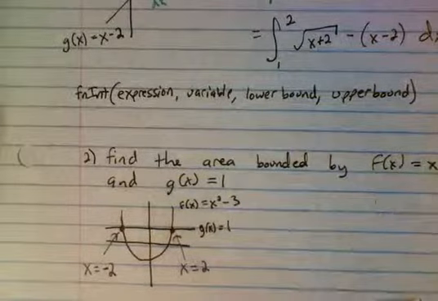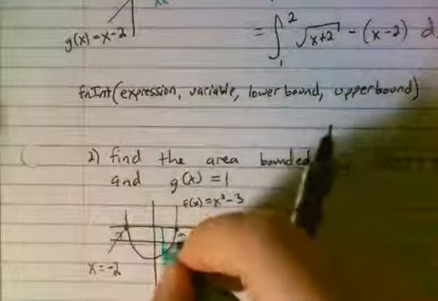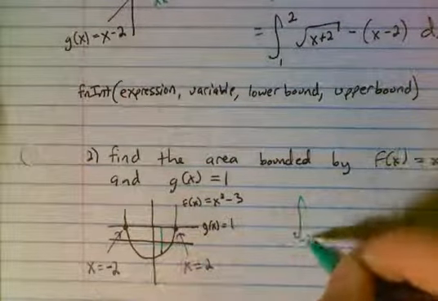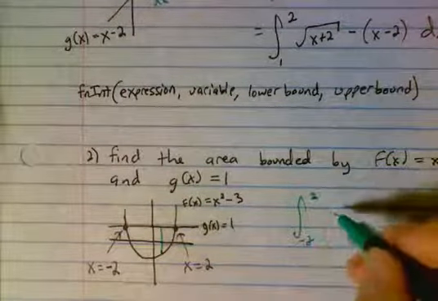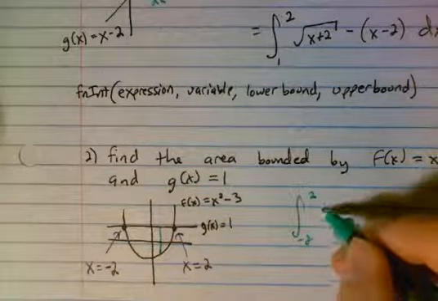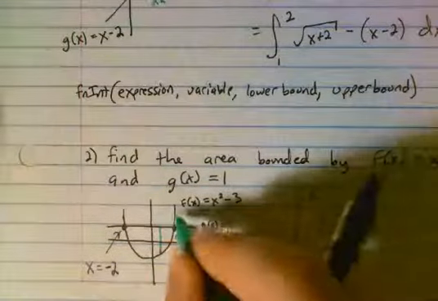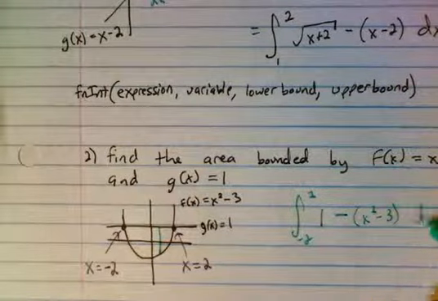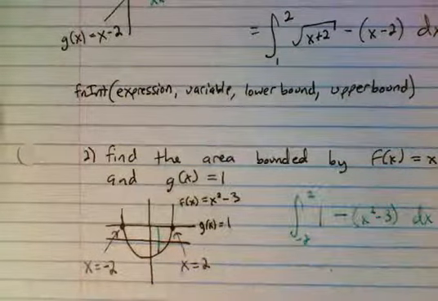So we're going to set up, here's our rectangle, it's dx, we're doing the integral from negative 2 to 2. G of x is on top up here, so g of x is 1. Then we're going to subtract f of x, which is x squared minus 3. And our width is right here, it's dx.